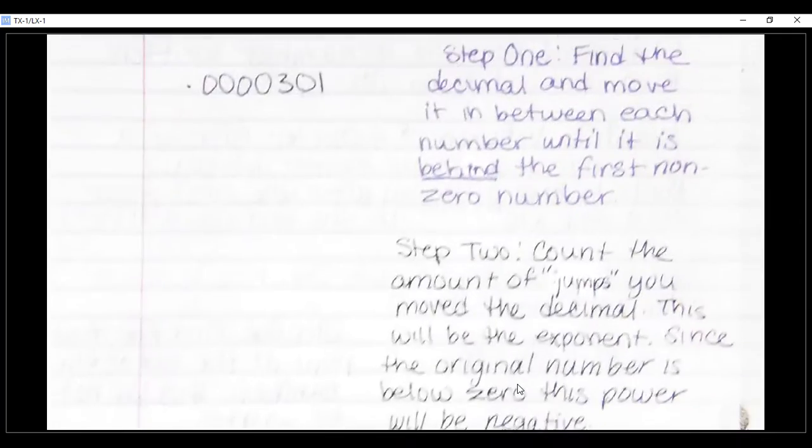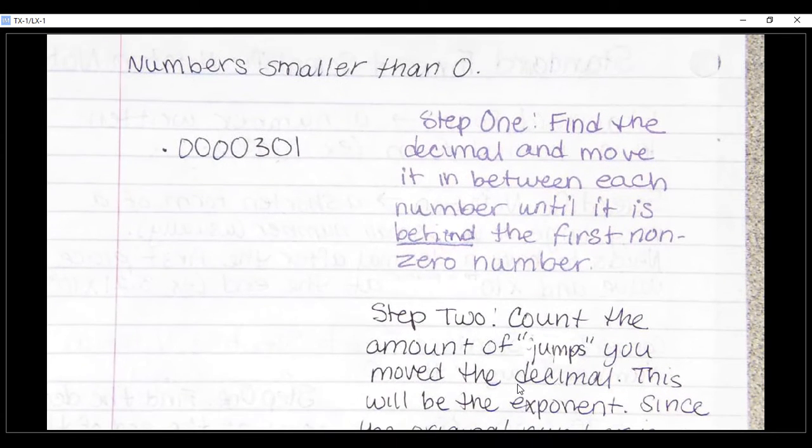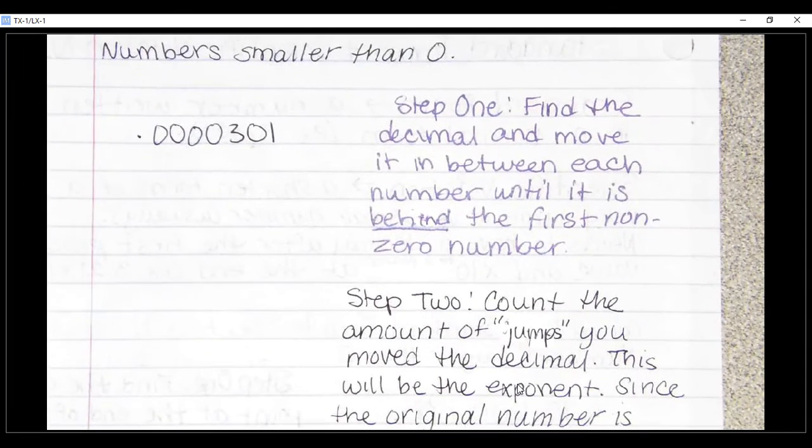Okay, now what happens if you have a number smaller than 0? Numbers smaller than 0 in this case are going to be decimals, so anything with the decimal place in front and a bunch of numbers in the back. These are pretty similar steps, but we're going to do things a little bit differently. It says find the decimal and move it in between each number until it is behind the first non-zero number.